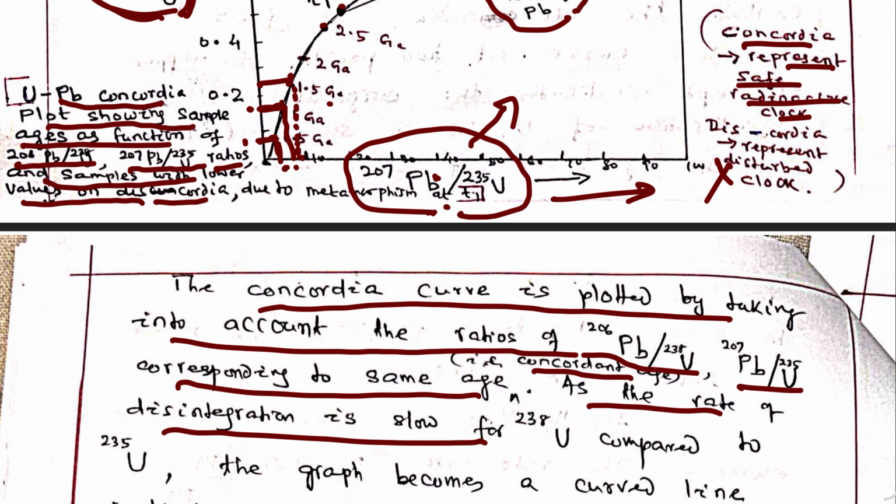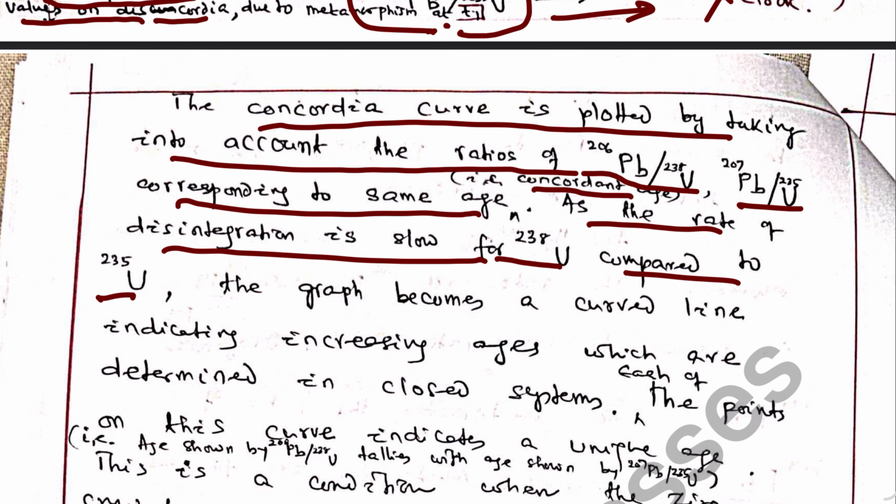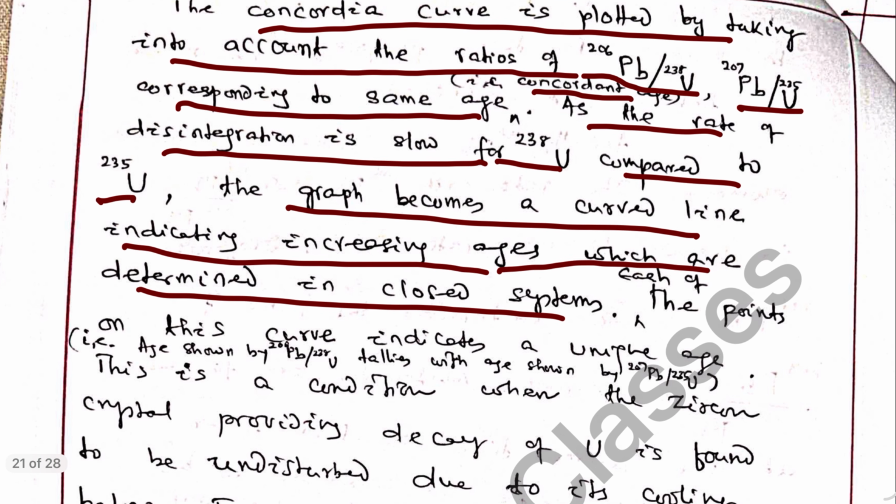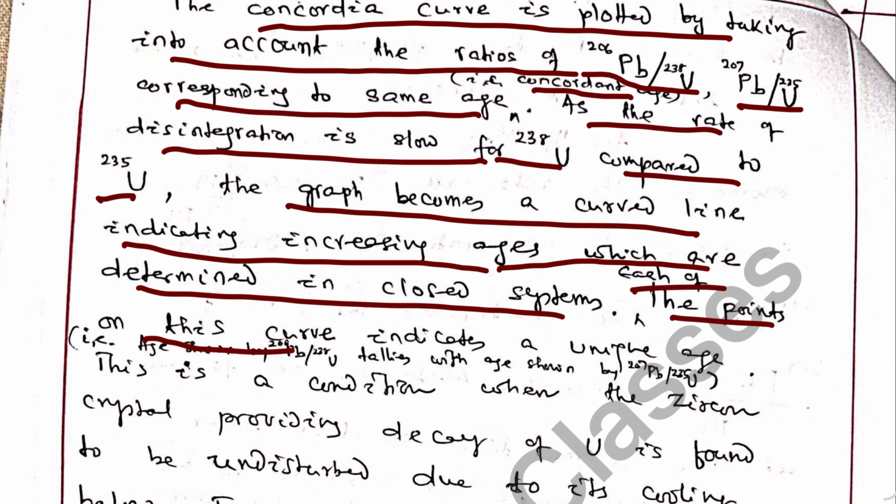As the rate of disintegration is slow for uranium-238 compared to uranium-235, the graph becomes a curved line indicating increasing ages which are determined in closed systems. Each point on this curve indicates a unique age. We can say it is a concordant age, concordant with respect to Pb206 and Pb207 corresponding to uranium-238 and uranium-235.